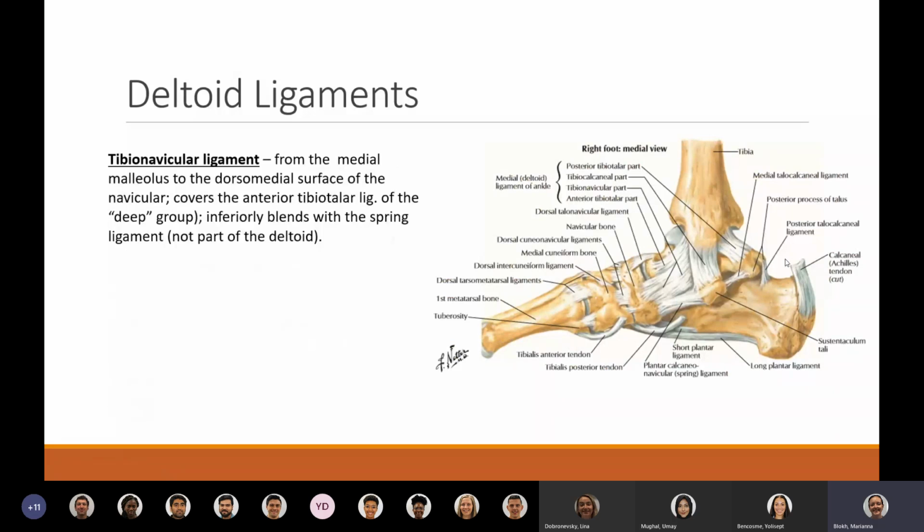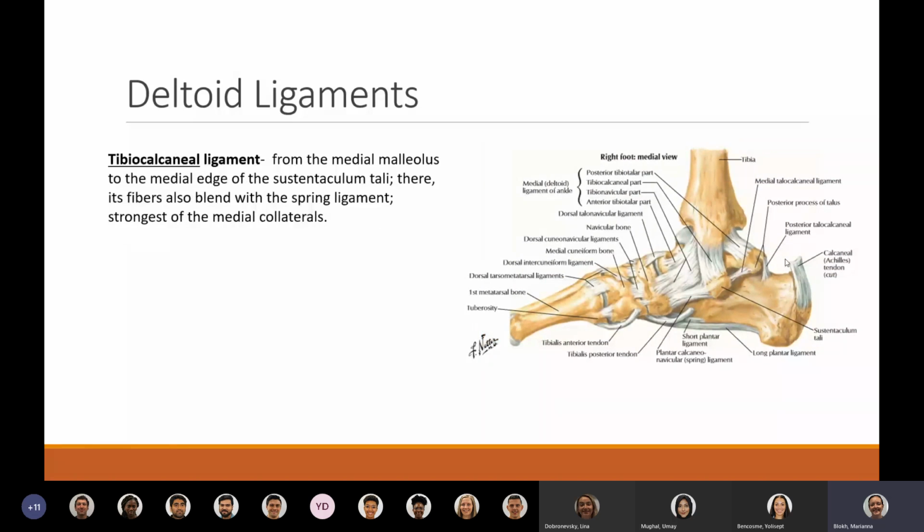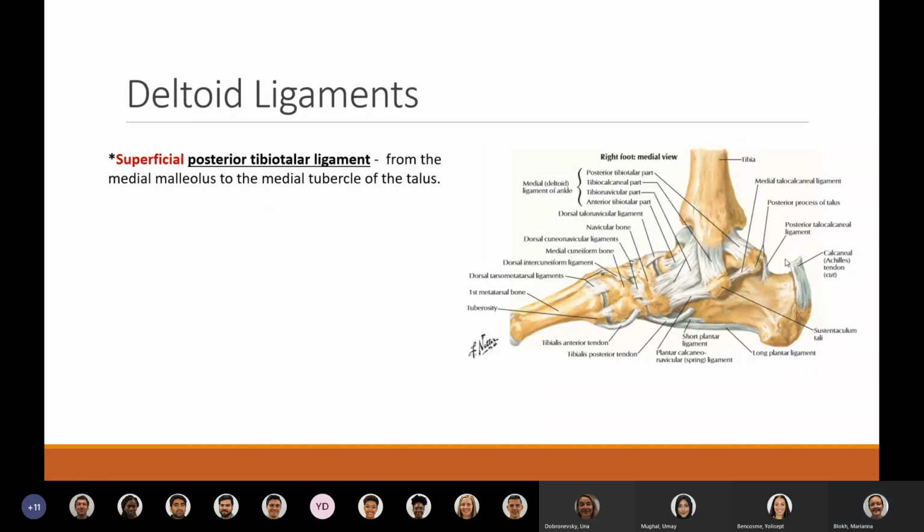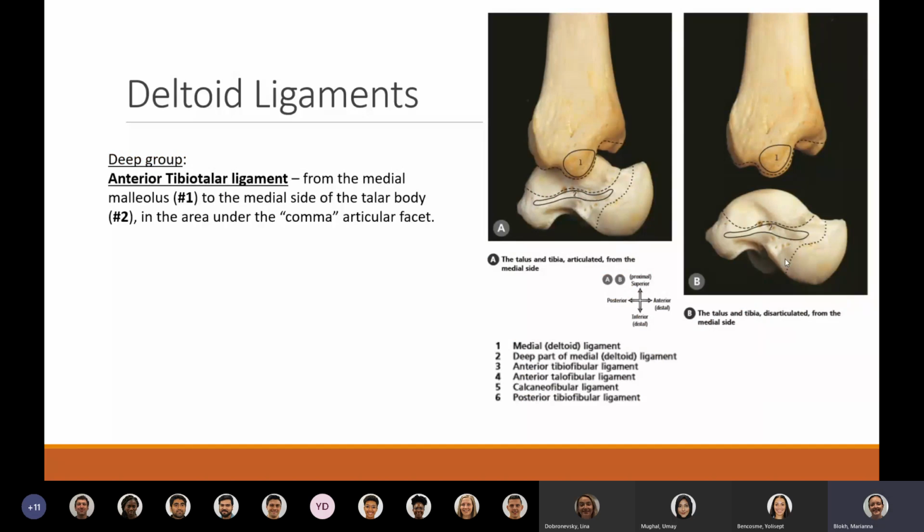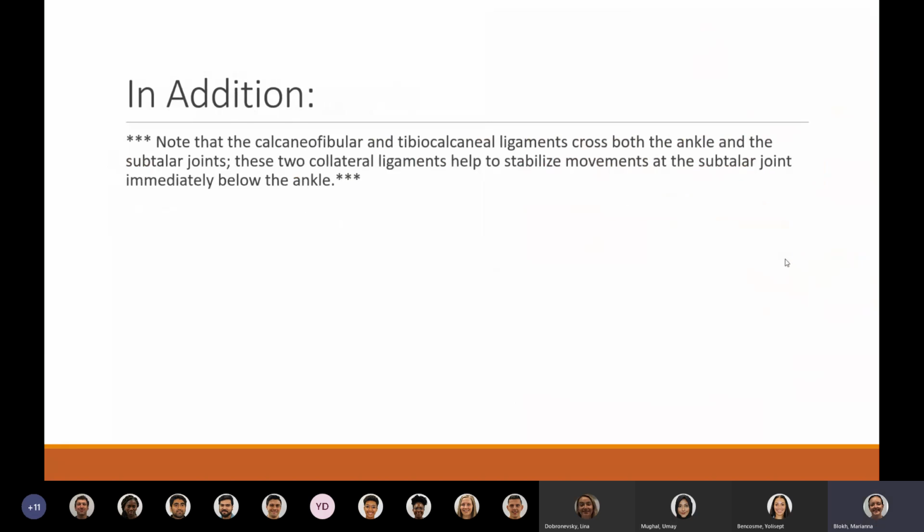It's all about memorization, okay? The other thing you have to note is that sometimes they'll mention this ligament blends in with another ligament. Everything you could read here just to reinforce it. Another thing to know, the calcaneofibular ligament and tibiocalcaneal ligament in the ankle region, right?